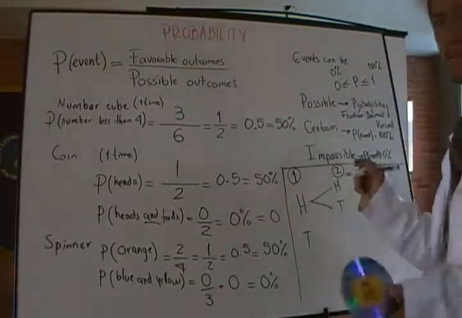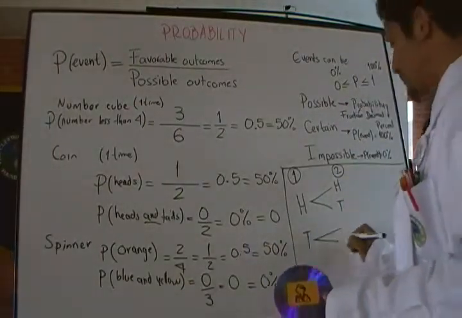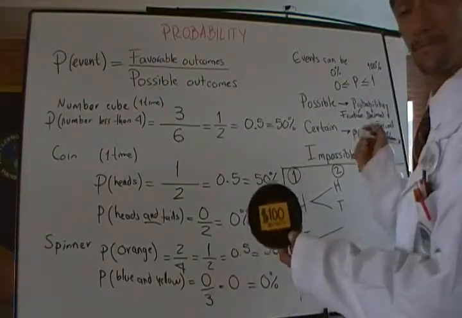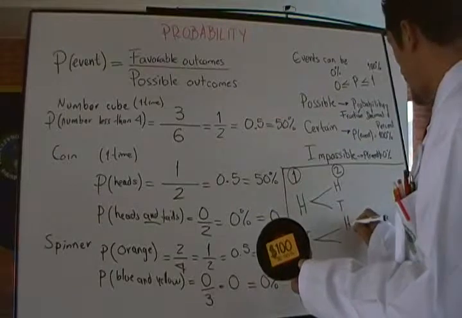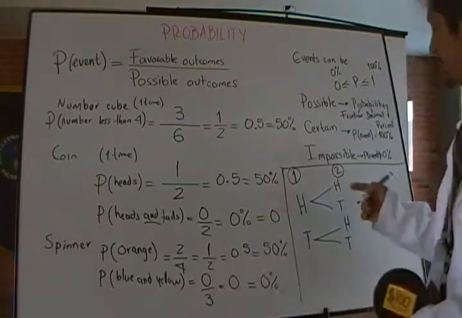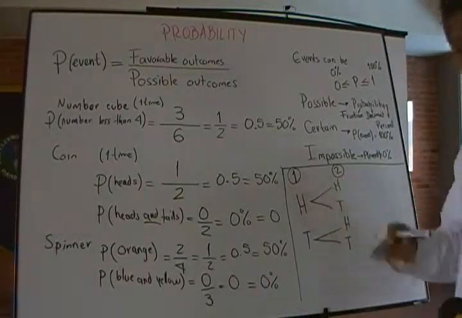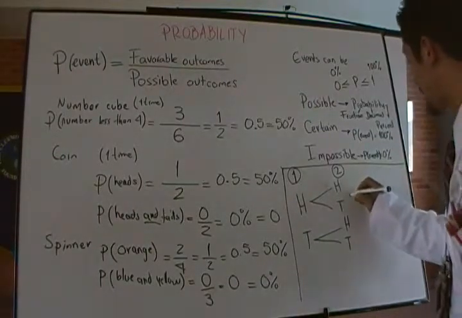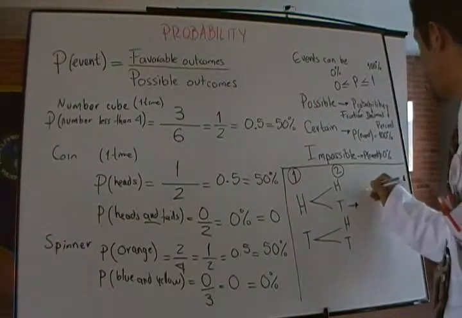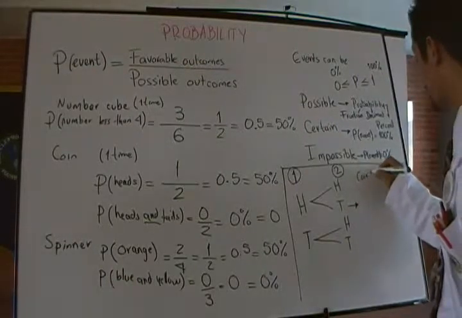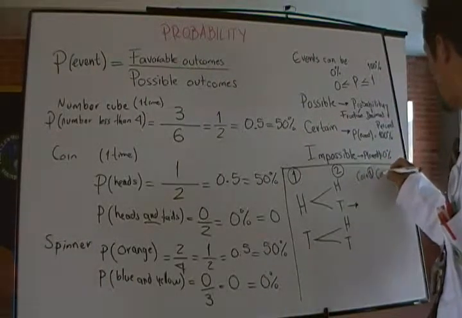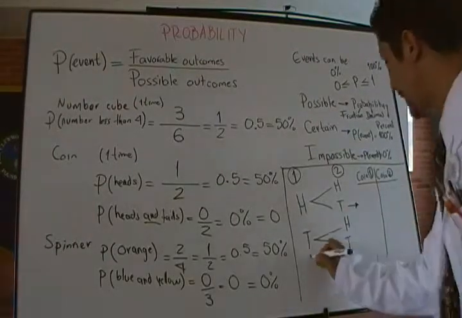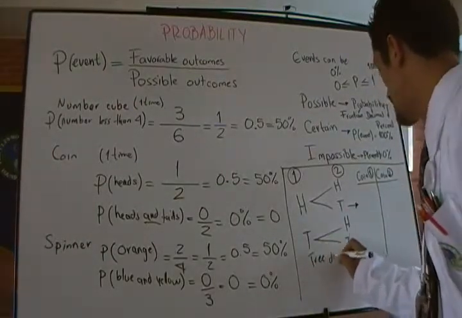Remember, heads and tails can't be gotten at the same time. Suppose I got tails in the first. So the second time I toss the coin, I will get again heads and tails. So here you can see how a tree diagram would look. Then I can put this information: coin first time, and coin second time. So here we have a tree diagram.